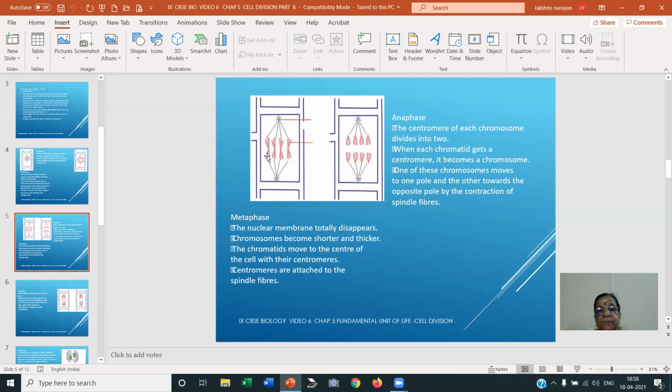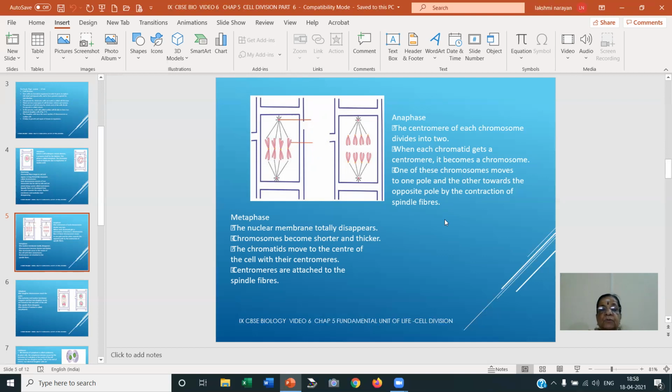In metaphase they are arranged on the equatorial plane, and here in anaphase the centromere divides and they move to opposite poles. This is for the anaphase stage.